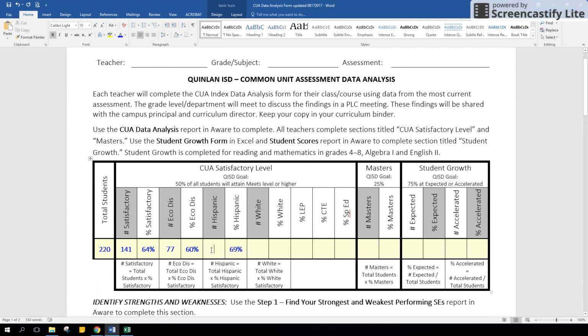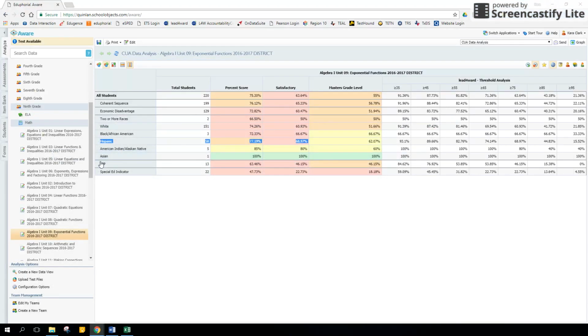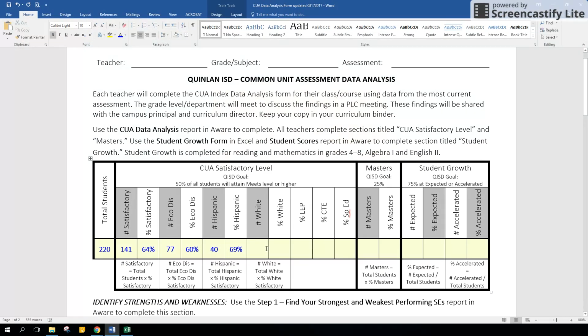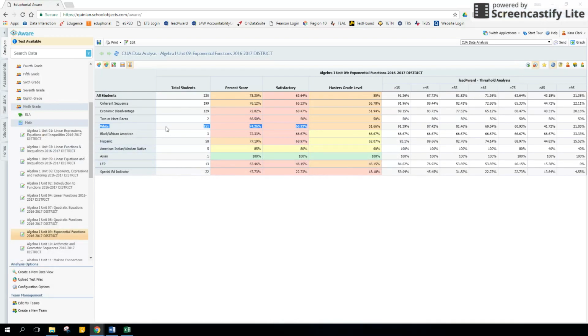And I'm going to record that. And last is my white percentage group. So looking at that, there's 60.93. Round that up to 61. And to calculate the number of students that represents, I'm going back and finding my total number of white students, which is 151, and multiplying that by 61%, which equals 92.